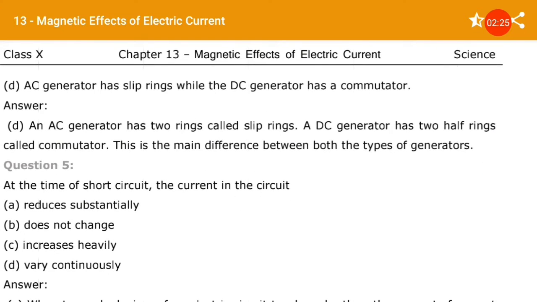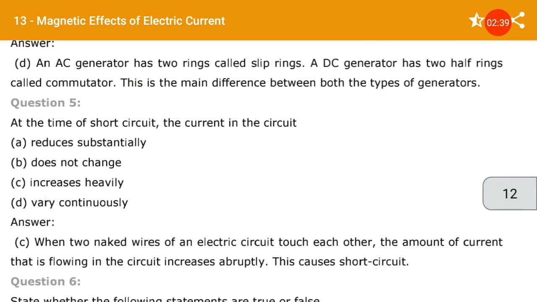So here we can say that an AC generator has two rings called slip rings. A DC generator has two half rings called a commutator. This is the main difference between both types of generators.